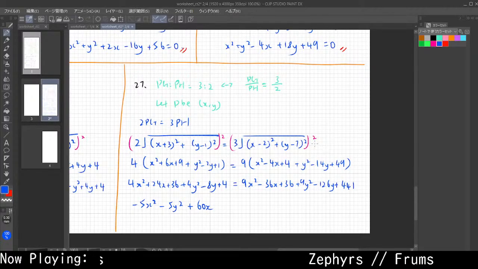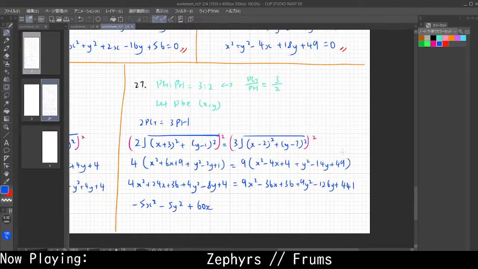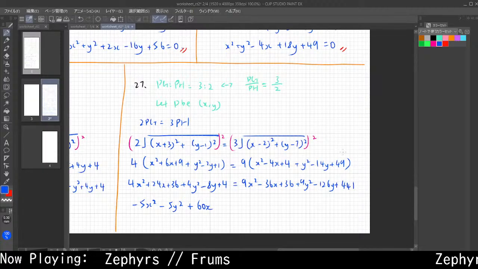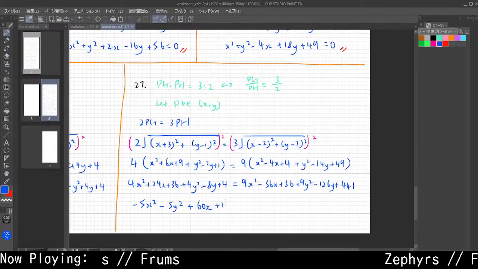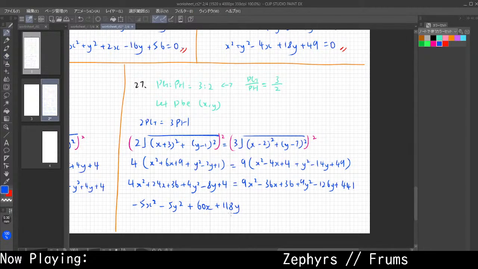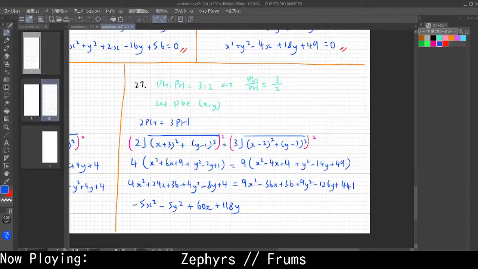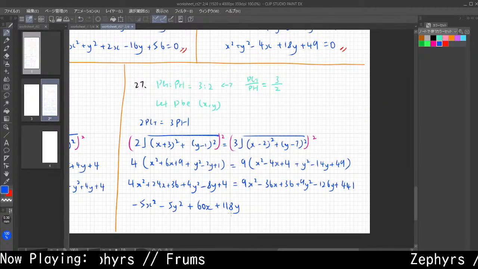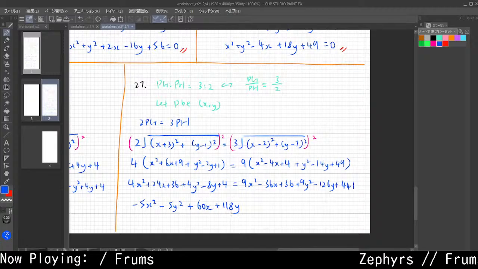Bring over the numbers, 126 minus 7. The 36 cancels, minus negative 437.